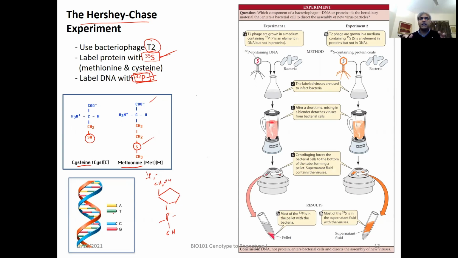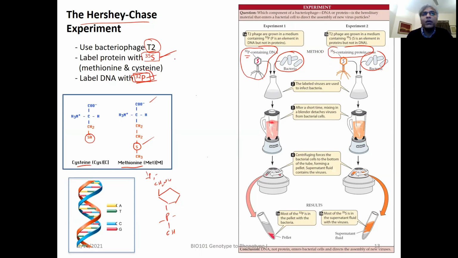Now, what they did, they set up two experiments side by side. In one, they mixed bacteria with viruses which were grown in the presence of radiolabeled phosphate. In the other experiment, they mixed bacteria with viruses which were grown in the presence of S35, radiolabeled sulfur.